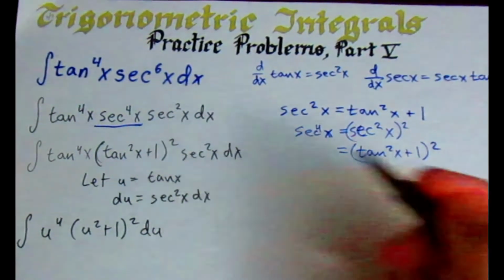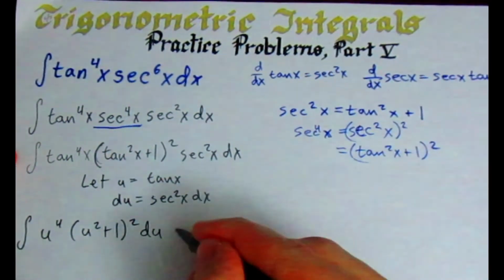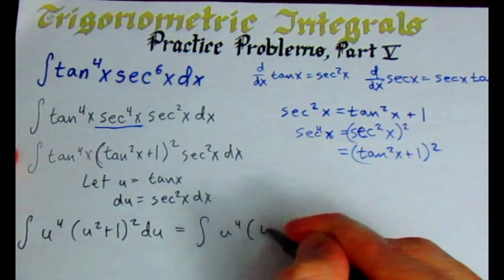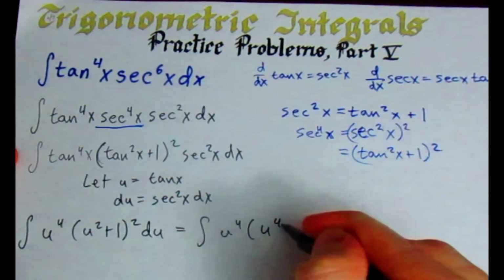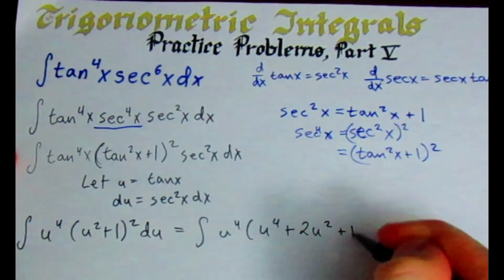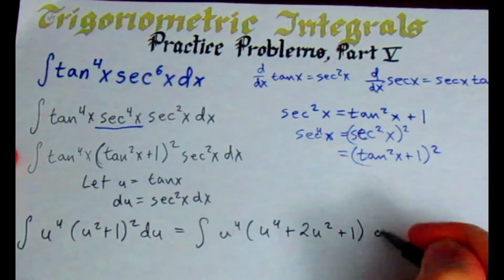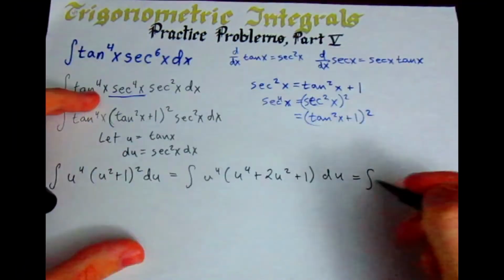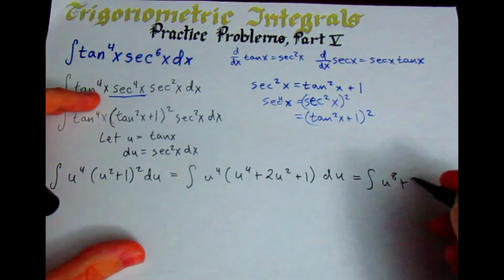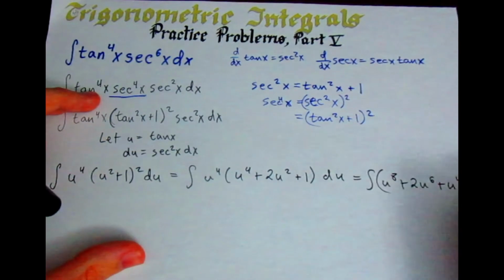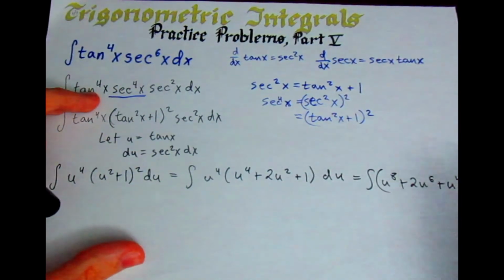And now it's just very simple algebra right here. That equals the integral of u to the 4th times the quantity u to the 4th plus 2u squared plus 1 du, and that equals u to the 8th plus 2u to the 6th plus u to the 4th du.